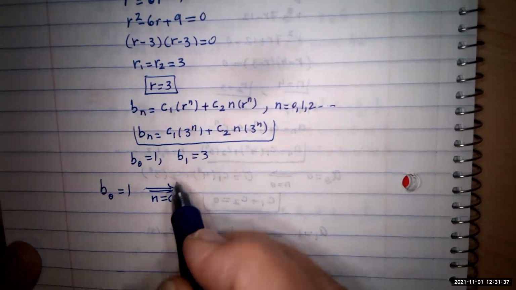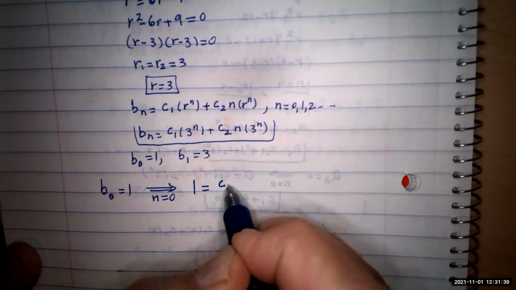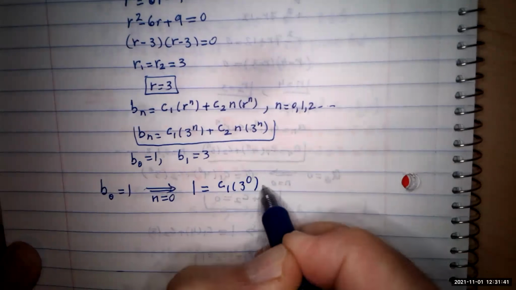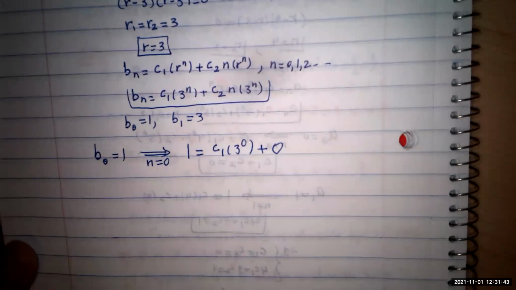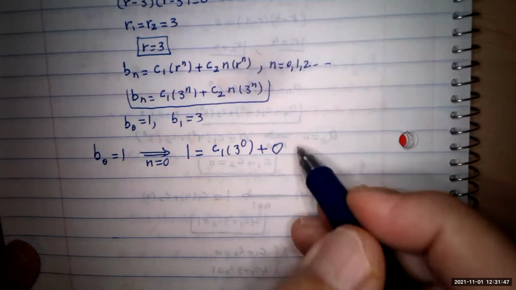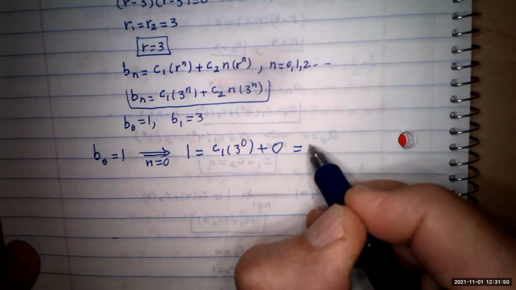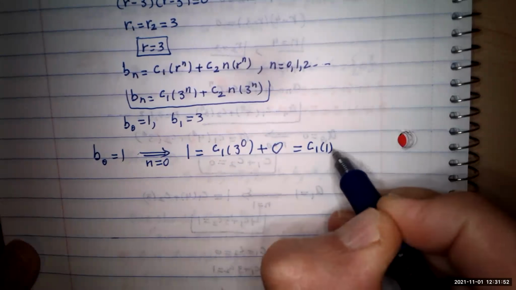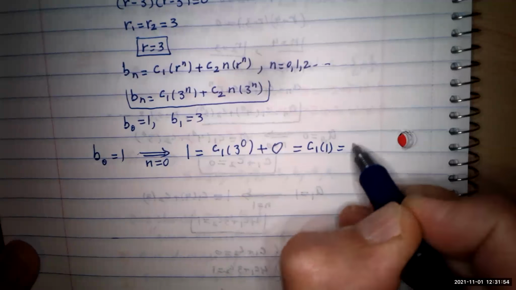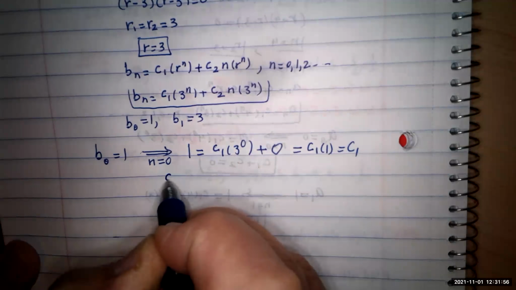So this would be 1 equal to C1 times 3 to the 0. The other part would be 0 because of n. 3 to the 0 is 1, so it's going to be C1. So C1 is 1.